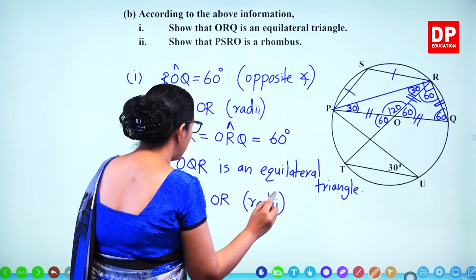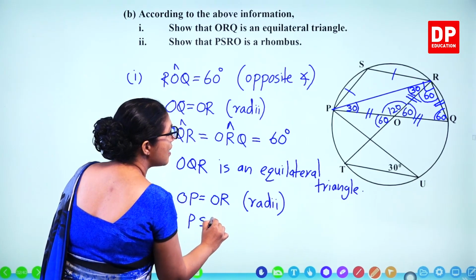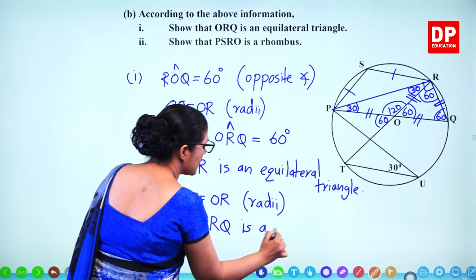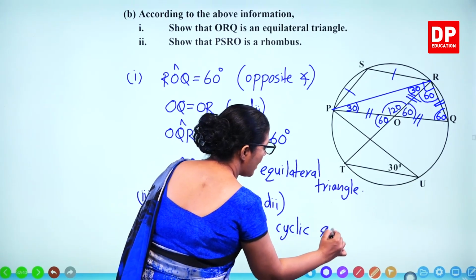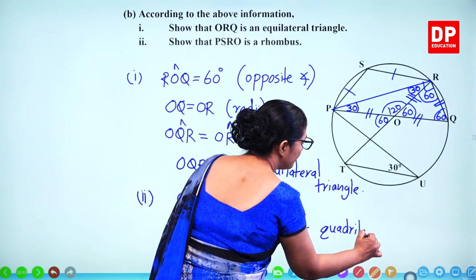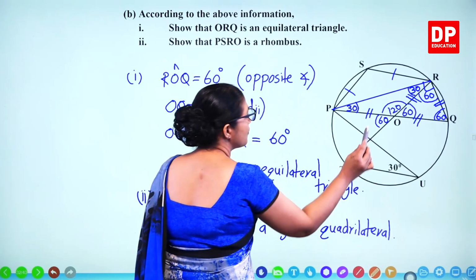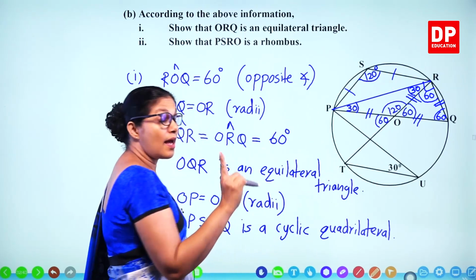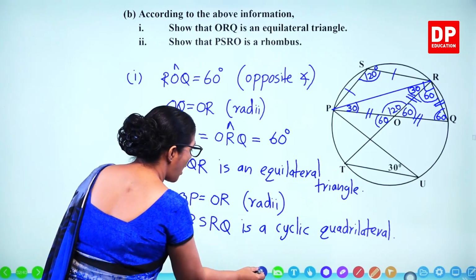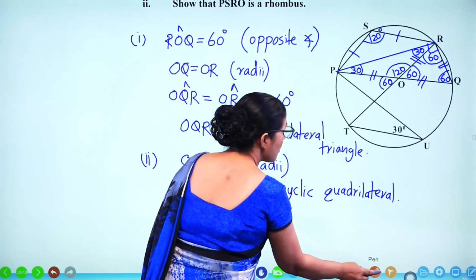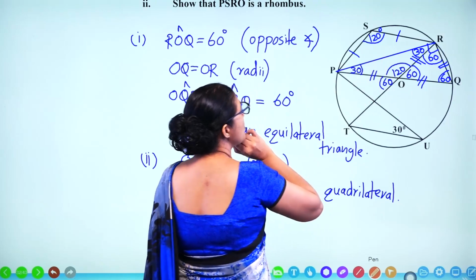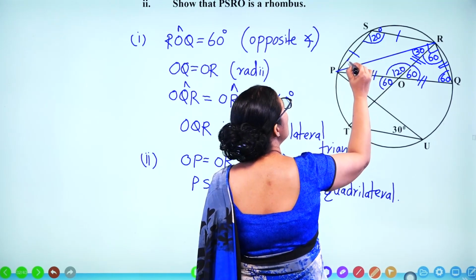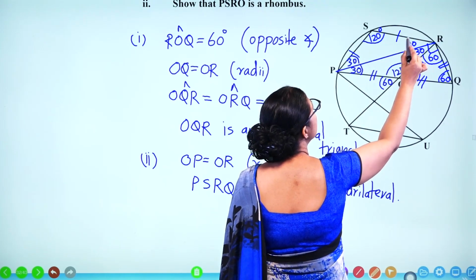PSRQ is a cyclic quadrilateral. So if this is 60, this is 120. Opposite angles add up to 180. So you get, if this is 60, this is 120. Then 180 minus 120, 60, divide by 2, you get 30 and 30 here.